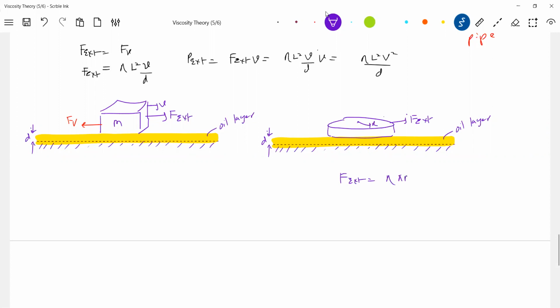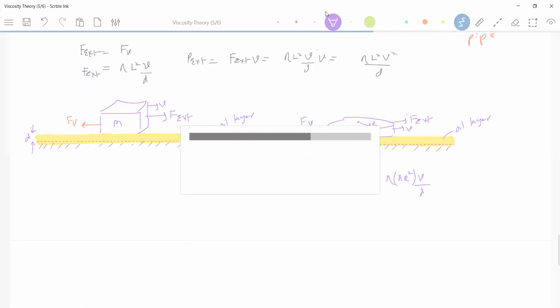What is area? Pi r square. Velocity is V. Viscous drag will act like this, into D. Able to understand, no? The area of contact. Very easy formula, sir. You need not bother about anything very big here. Able to understand this one?